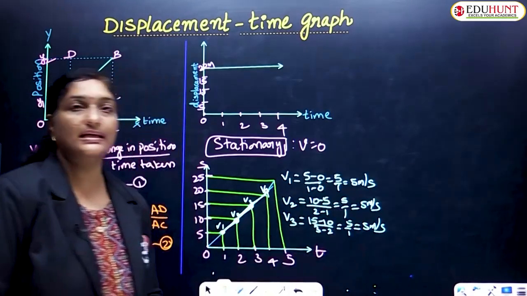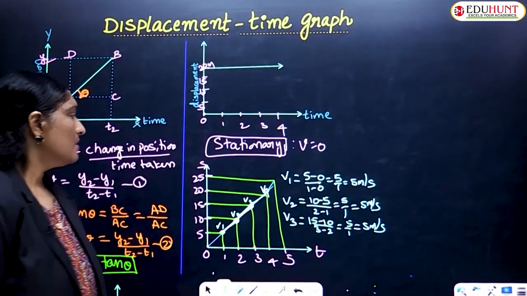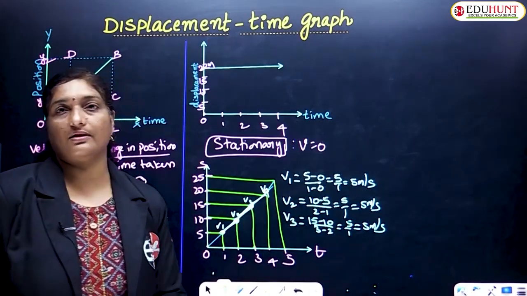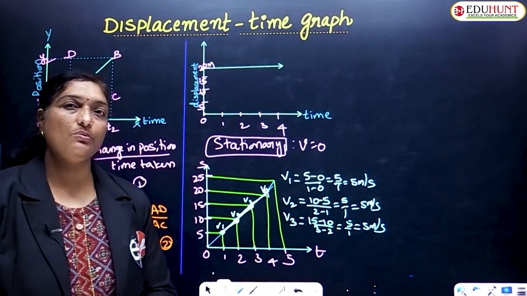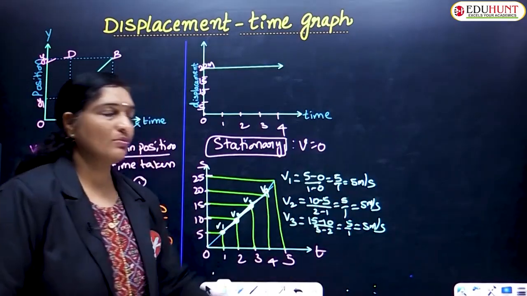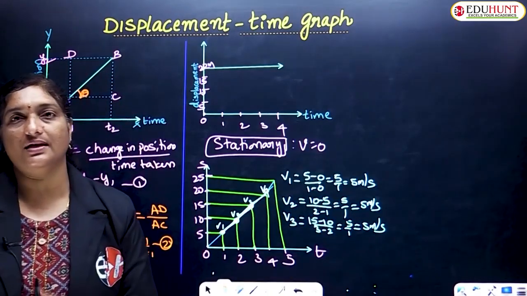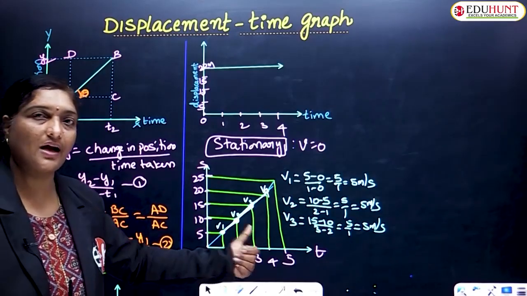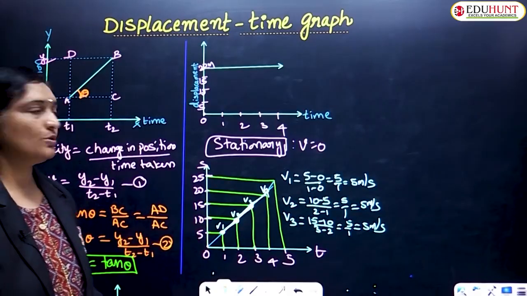So whenever the particle covers equal displacements in equal intervals of time, we say that the body is moving with uniform velocity. Here the body has a velocity of 5 meter per second. Hence, we can conclude that the body moves with uniform velocity.